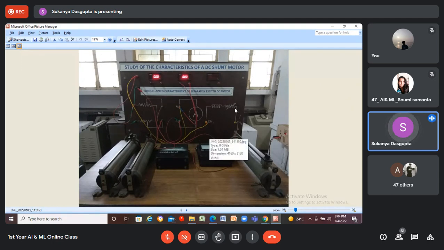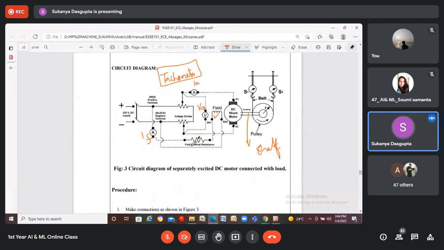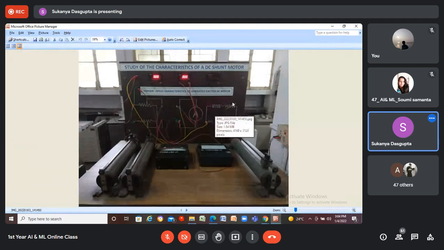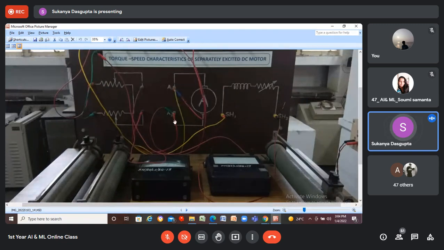This is the field winding, the coil in series with the rheostat that you have seen in the circuit diagram earlier. So this is the rheostat which is in series with the field winding, that is actually drawn here. And this is the motor, A1, A2, these two are armature terminals, right?